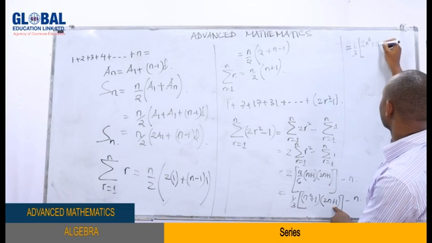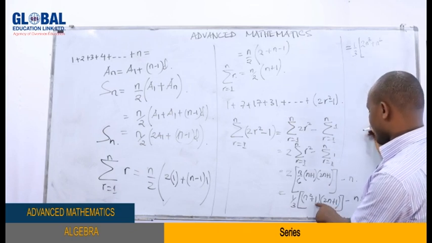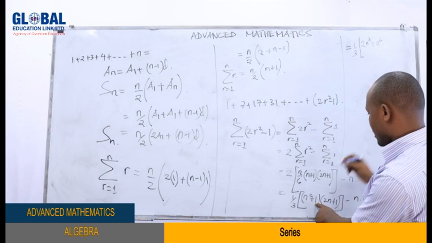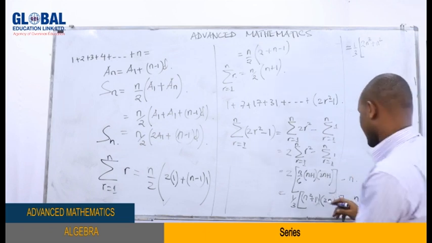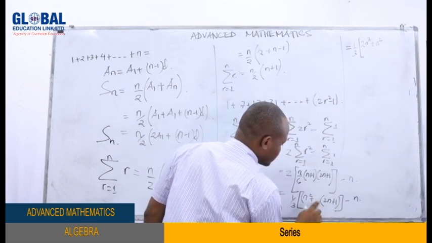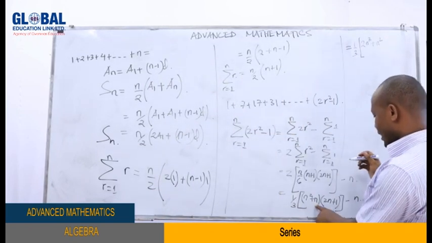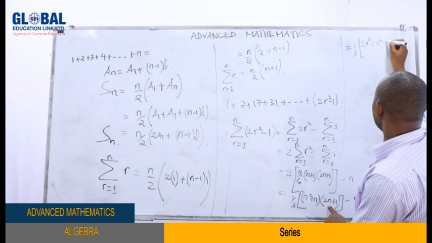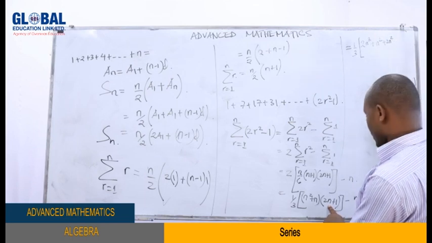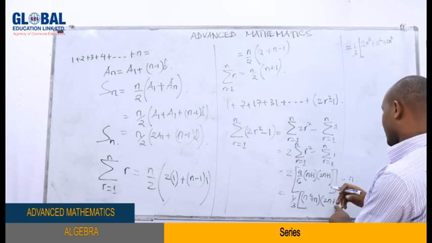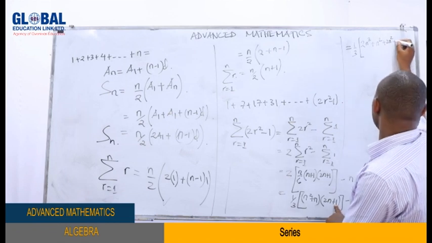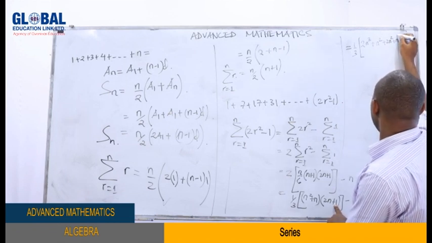We are going to have n square, and then 1, and there was n, sorry. n times 2n, we are going to have plus 2n square, and then n times 1, we are going to have n.